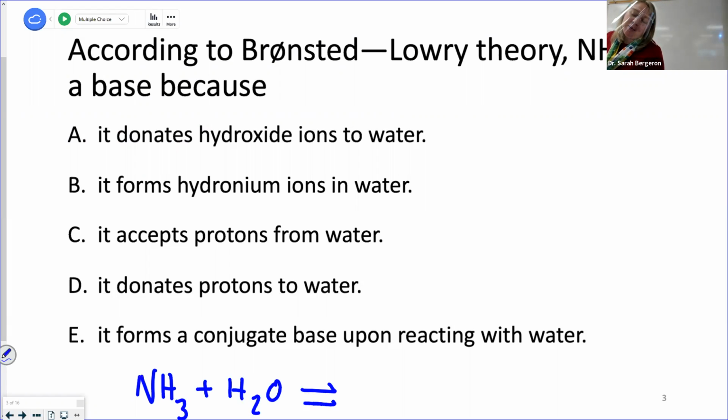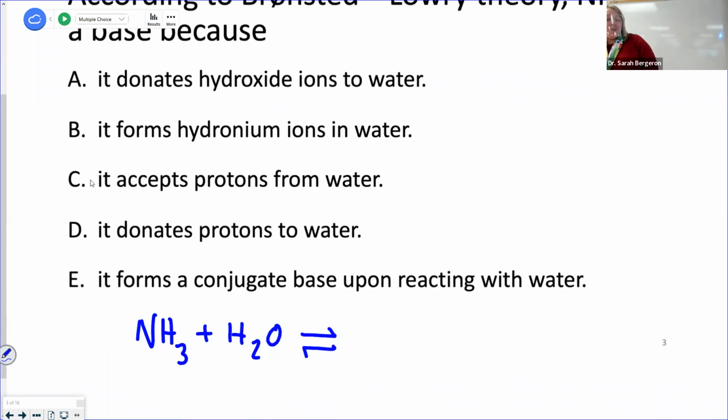We said it's weak, so it's got to be that reversible reaction, right? If you told me it's C, it accepts a proton from water, right? That's what you told me it was. What does it do? What happens? What's my end result? Am I NH3 anymore?